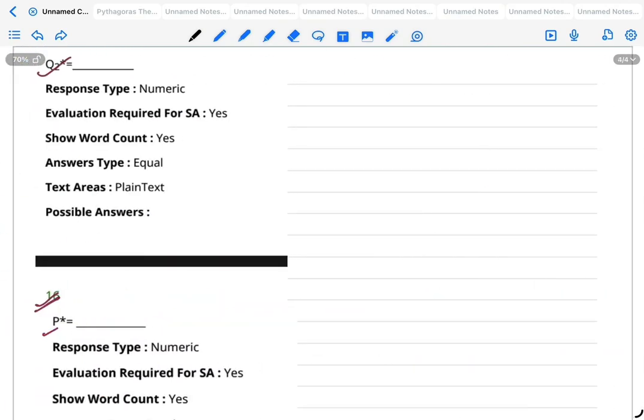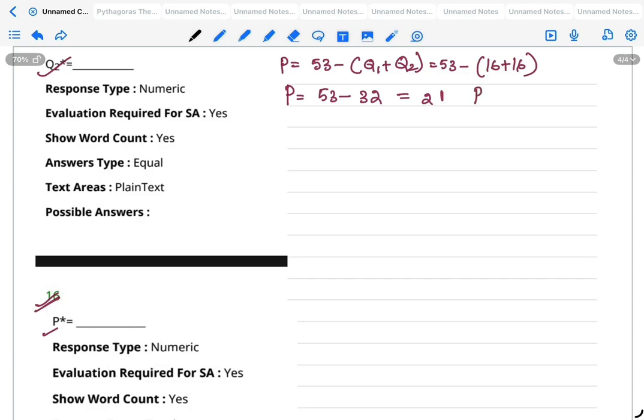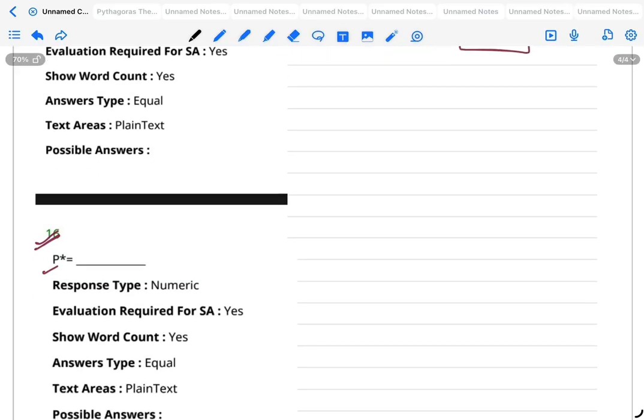The price equation equals 53 minus Q1 plus Q2, that is 53 minus 16 plus 16, that is 53 minus 32, so 21. So P star value equals 21. This is the answer for this question. P star value 21, correct.